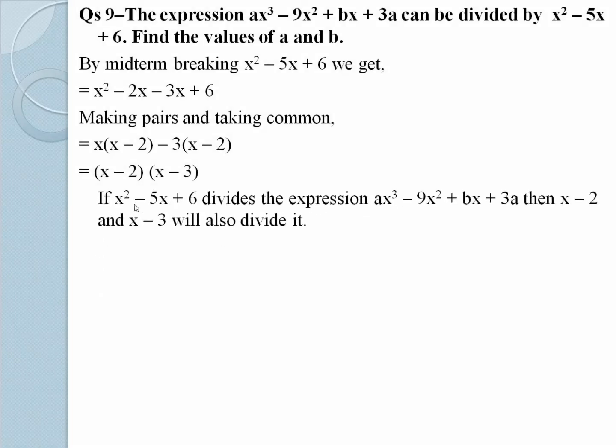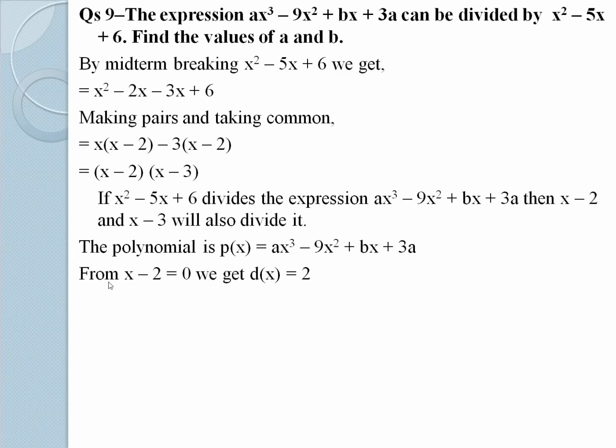If x square minus 5x plus 6 divides the expression ax cube minus 9x square plus bx plus 3a, then x minus 2 and x minus 3 will also divide it. The polynomial is p of x equals ax cube minus 9x square plus bx plus 3a. From x minus 2 equals 0, we get x equals 2.